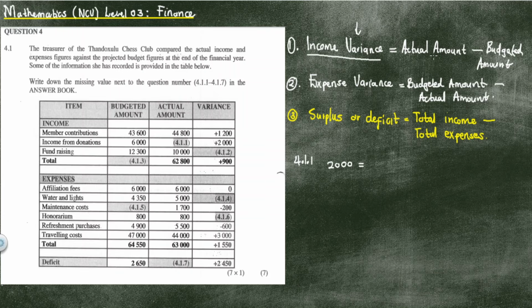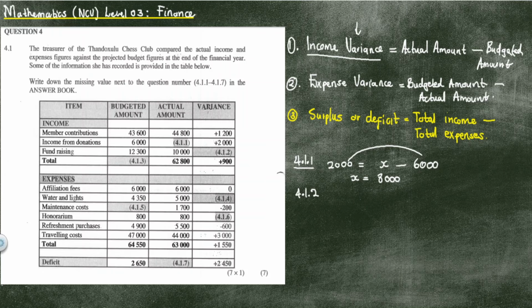And then the actual amount is not given, so I'm going to place an X here, minus the budgeted amount, which is 6,000. So transpose the 6,000, you're going to get a positive 6,000. So 2,000 plus the 6,000, I'm getting an X value that is 8,000. So for 4.1.1, I'm going to have 8,000 as the value that should be calculated.